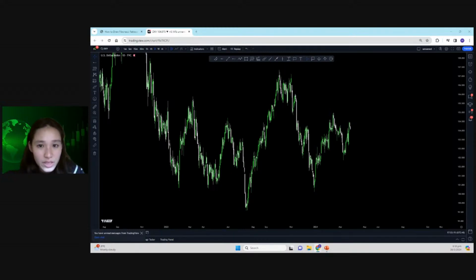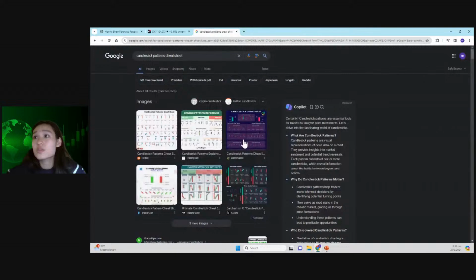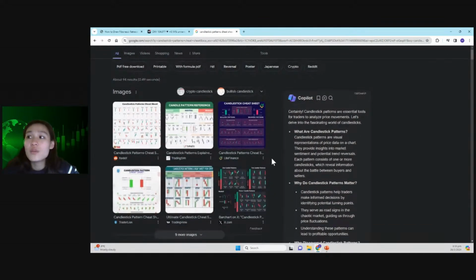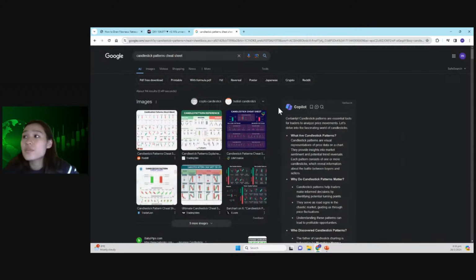So I really don't think you have to buy it. Yep, so if you just Google it, there are a bunch of different candlestick patterns that you can take a look at.